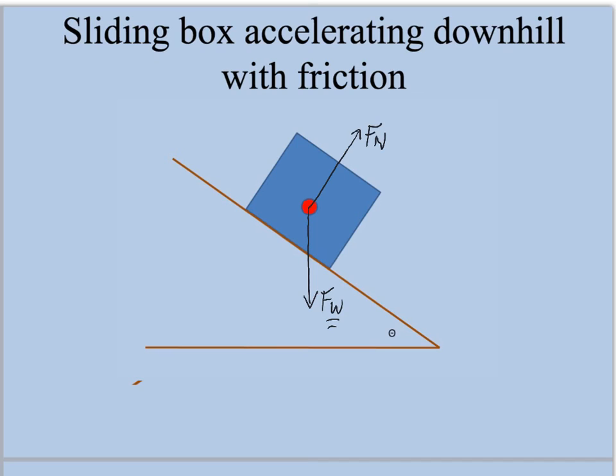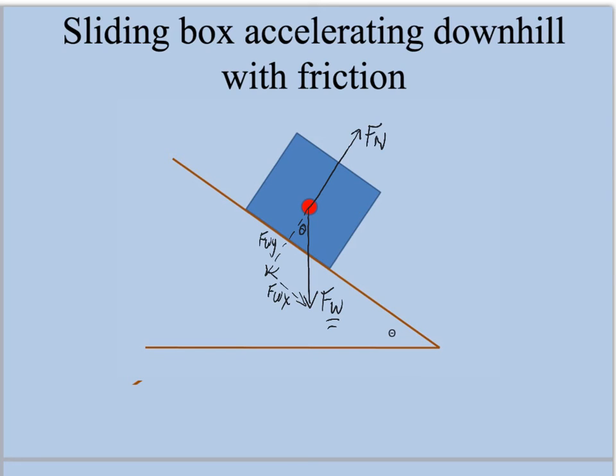So you could think of it as part of the weight force pushing this way, which is what we call the y component, and part of it pushing the box down the hill. And here's our FWY component, and here's our FWX. And then this is our angle theta.